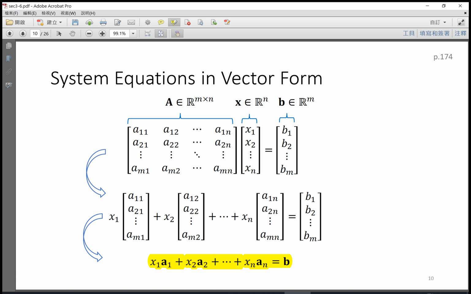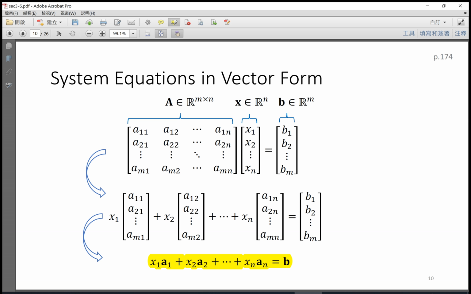On the other hand, if b is in the column space of A, then b can be written as a linear combination of column vectors of A. So there exist x1, x2, up to xn, such that x1a1 plus x2a2 plus up to xnan equals vector b.